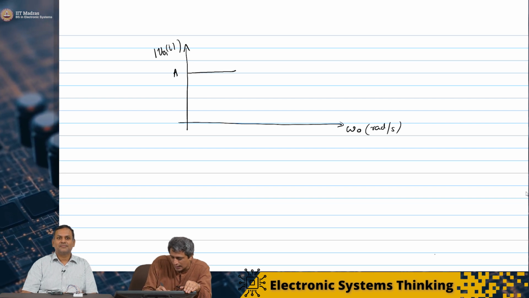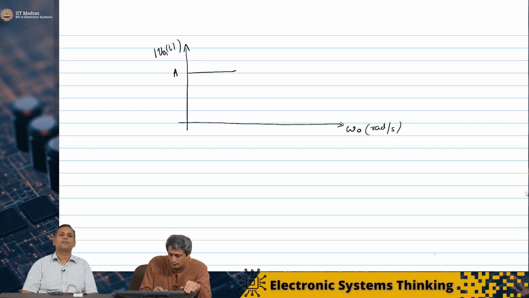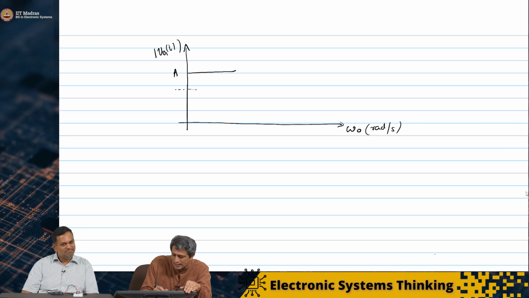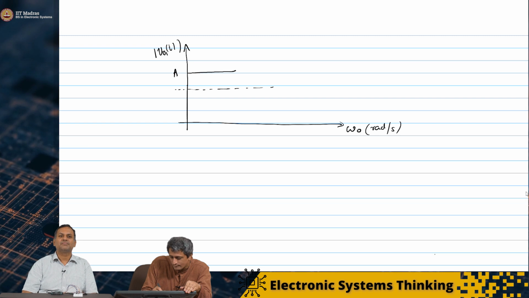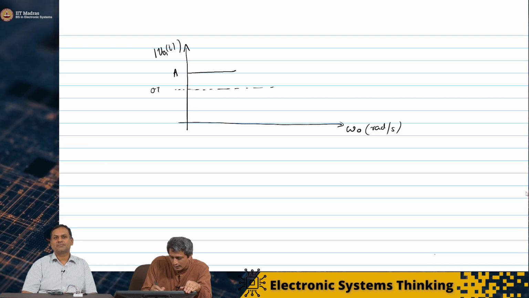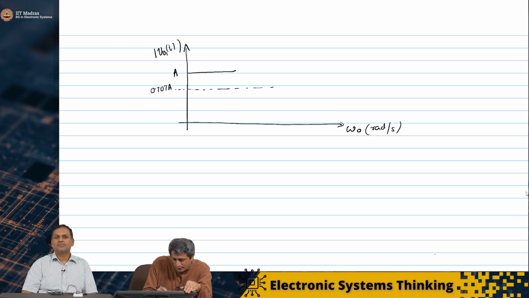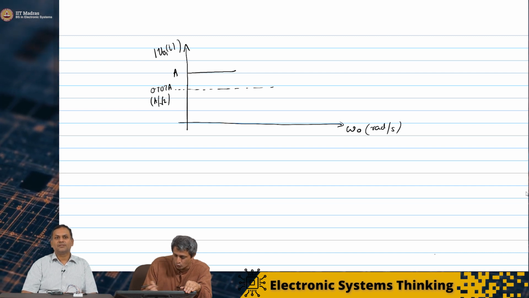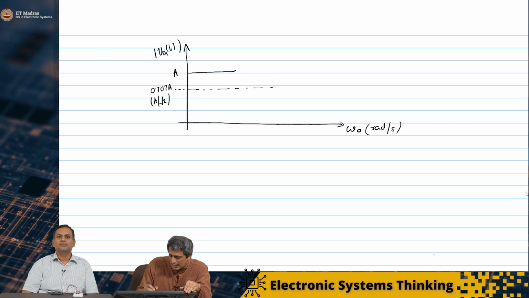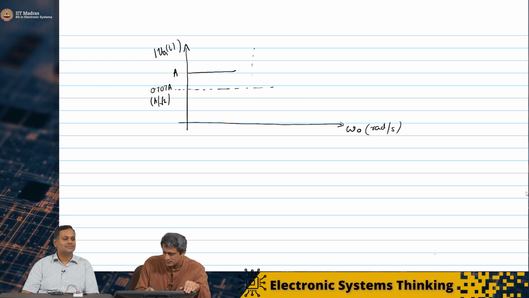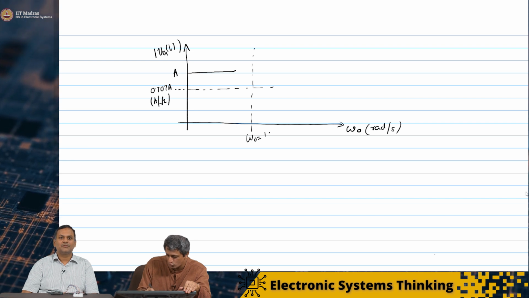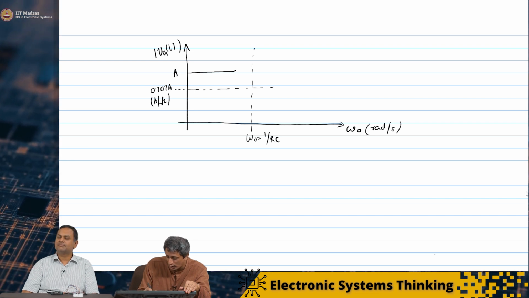This is amplitude A. Then we have to look at A by root 2, which is about 0.7. So somewhere here, 0.707 A, which is A by root 2. And on the x-axis, I'm also going to look at the point which corresponds to omega naught equal to 1 by RC.